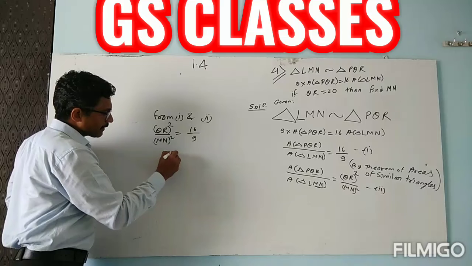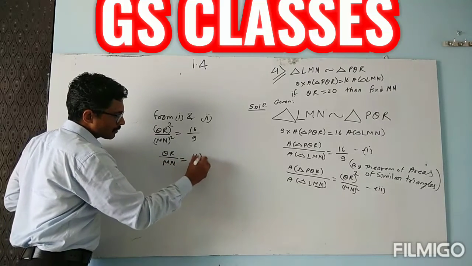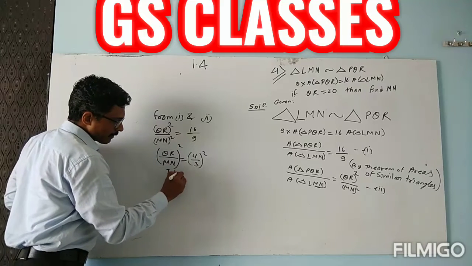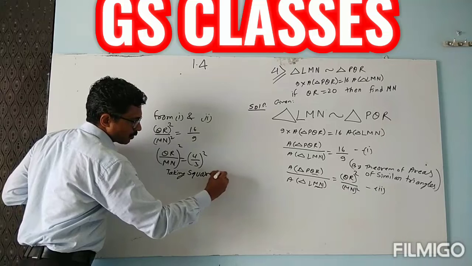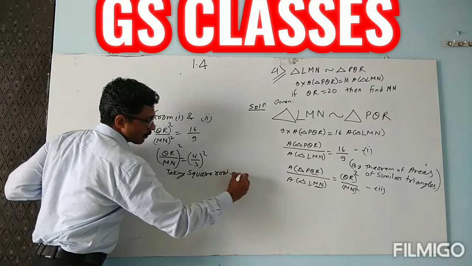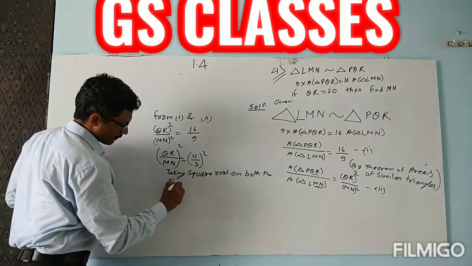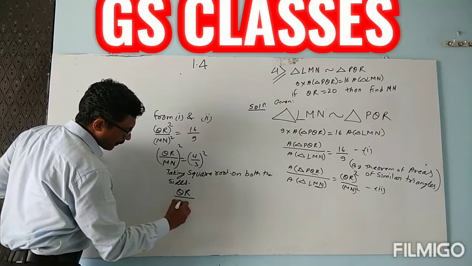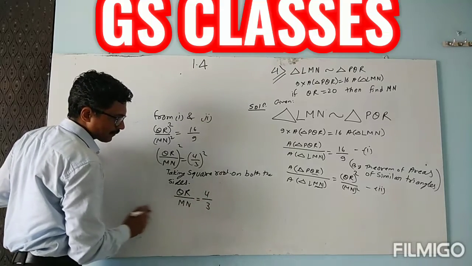Now I can say that QR upon MN equals to 4 upon 3 whole square. Taking square root on both the sides, we can now write here QR upon MN equals to 4 upon 3.